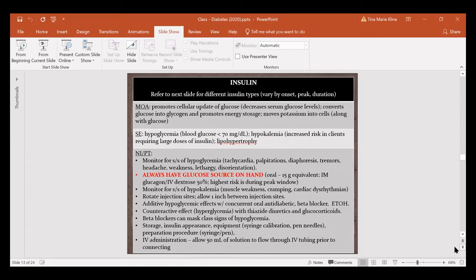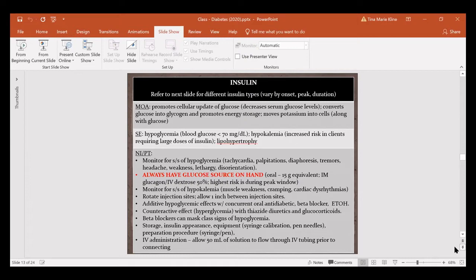Anybody who's taking insulin, and you'll see it on the screen in red there, should always have a fast-acting glucose source on hand. That's just a must-have. They should also wear a medical alert bracelet that indicates that they are diabetic and on insulin. That's very helpful to know. The other big piece I want you to know off this slide, a critical thing, is that beta blockers can mask signs of hypoglycemia.